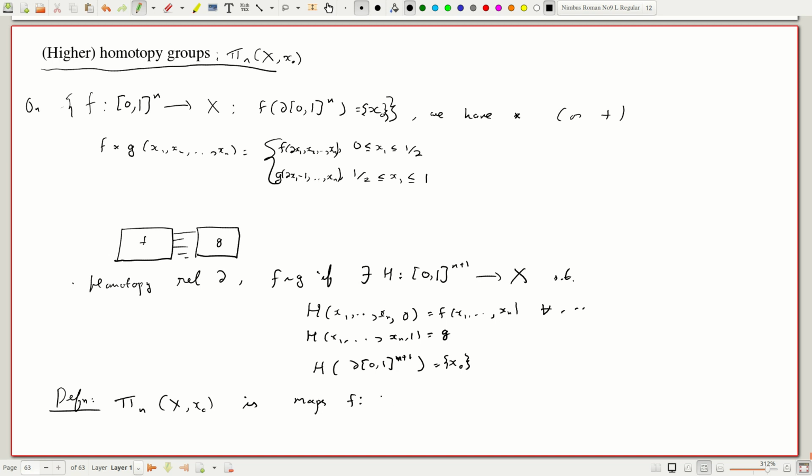I can write this as maps from the pair [0,1]^n, boundary of [0,1]^n to the pair X, x0. Or if I wish, I could replace this by the singleton x0. So this is a pair of spaces to a pair of spaces, where the space goes to the space and the subspace goes to the subspace. This is just an obvious generalization of based spaces up to relative homotopy.